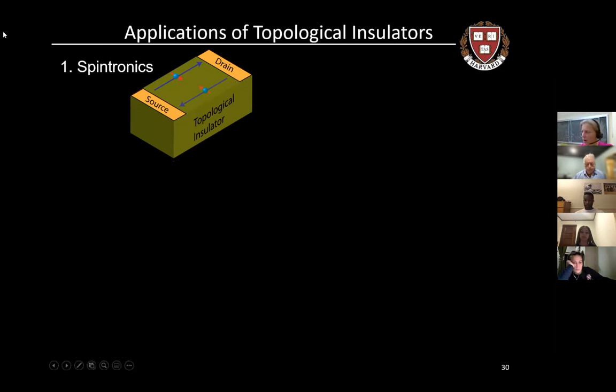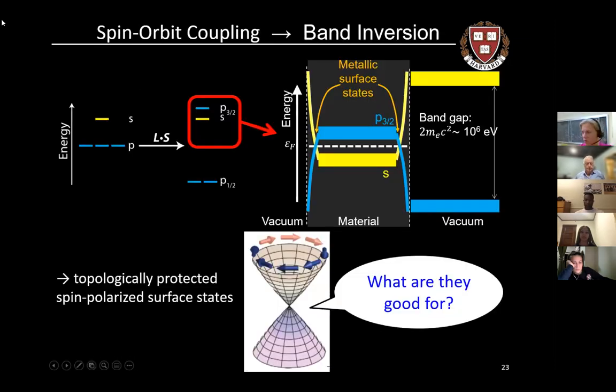Yeah. And it is really important, because at some point, if you make this thing too small, so if you shrink this lateral dimension here, then this state is going to start talking to this state. So those two metallic states on either side are going to talk to each other. And when they talk to each other, they're probably going to gap out. And so then you will no longer have topological conducting surface states.